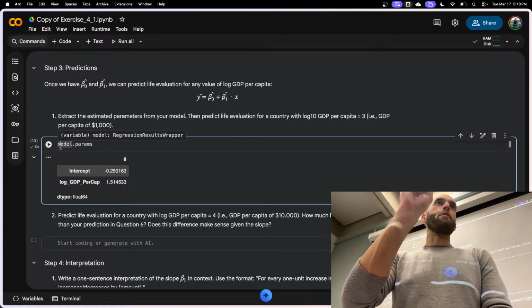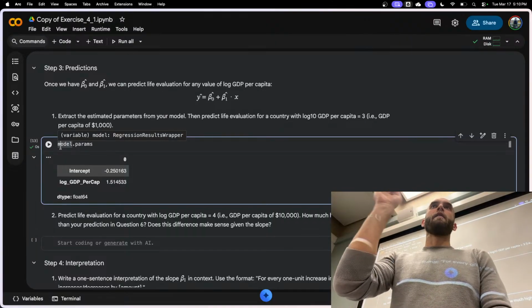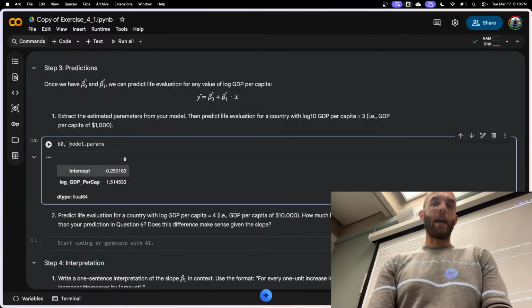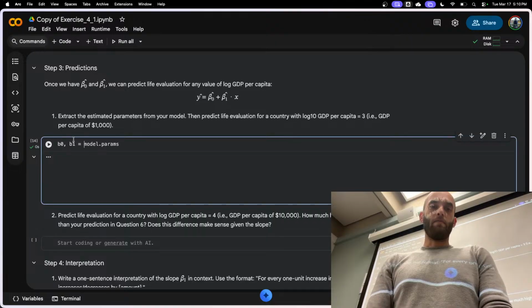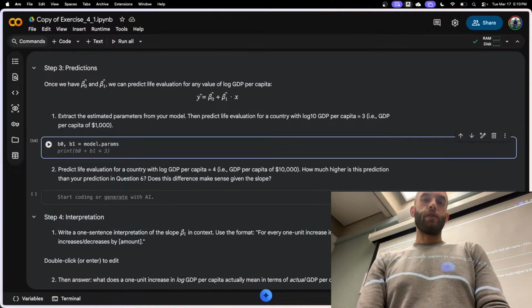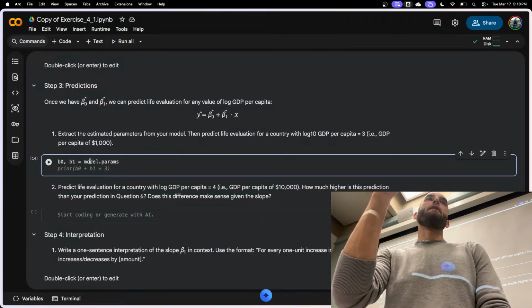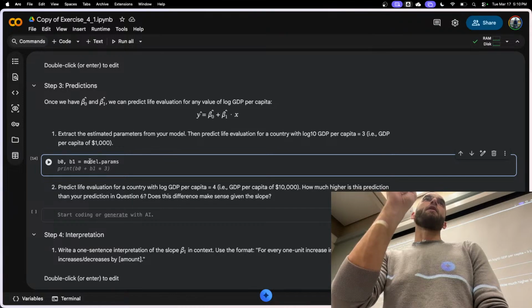There are two of them, so I'm going to set B0 and B1 equal to the model parameters, which defines B0 and B1 according to these two parameters.